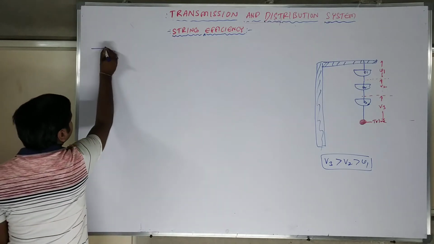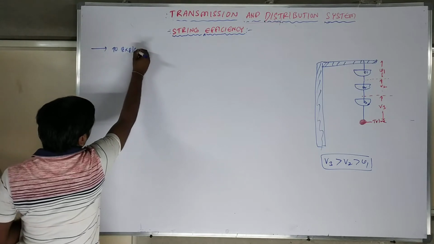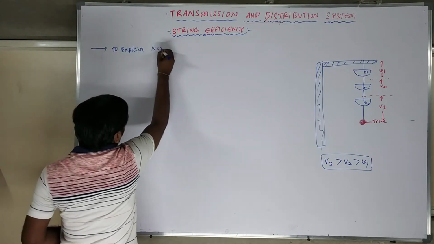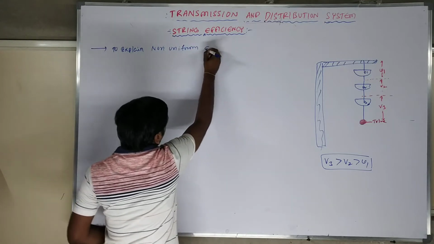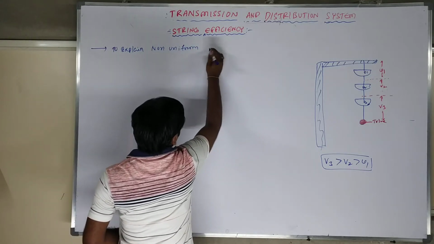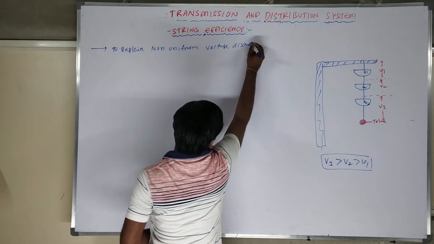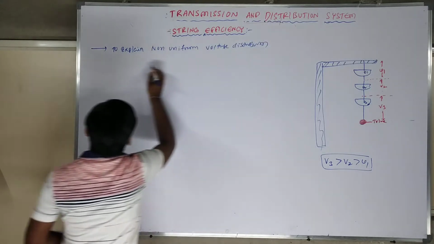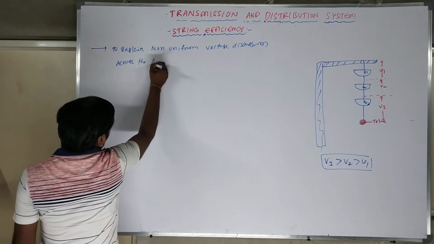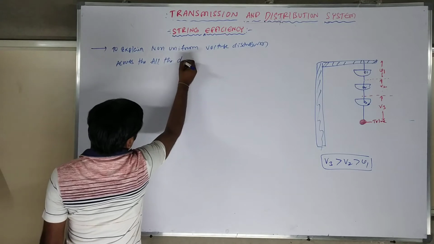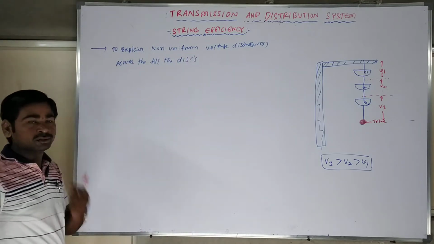The purpose of string efficiency is to explain the non-uniform voltage distribution across all the discs, which is expressed by string efficiency.